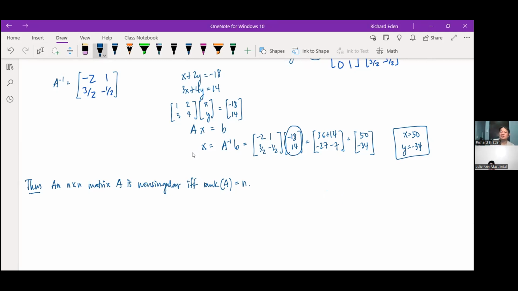What will not survive? The other ones po will not survive sa outside. Matatanggal sila kasi meron kang n leading ones kasi the rank of A is equal to n. Okay. So nung sulat lang natin nung argument natin, kasi if and only if. So nung first part, suppose A is non-singular.